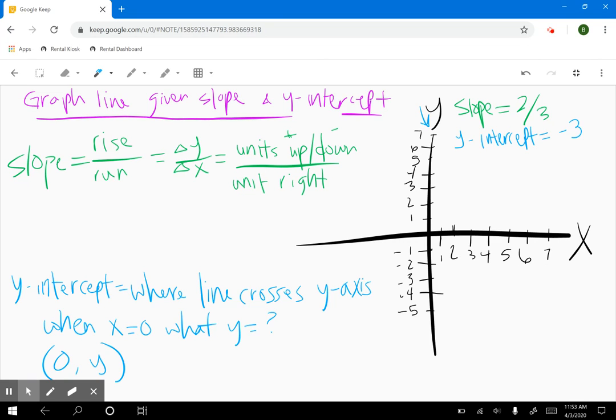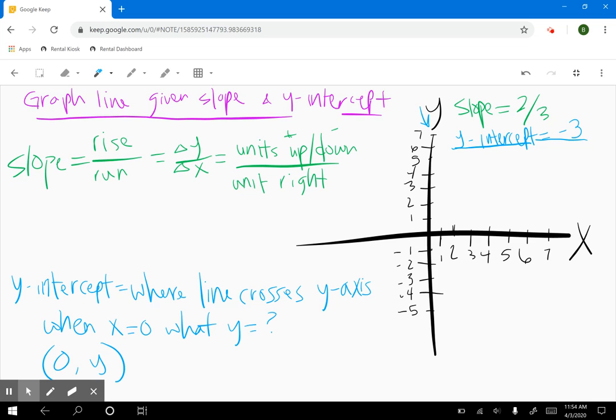Okay, so now that we have the gist of those, let's say you're given the problem, graph the line given the slope and the y-intercept, and we're going to say the slope is 2/3 and the y-intercept is -3. So this information over here.